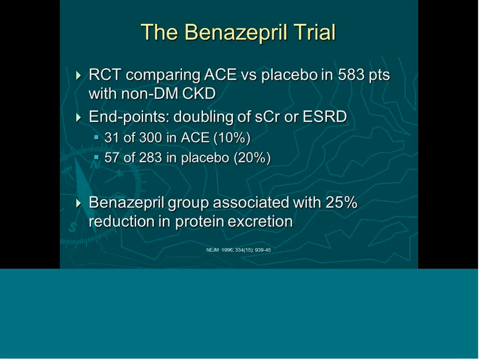The endpoint was doubling of serum creatinine. 31 patients in the benazepril group versus 57 of the 283 patients in the placebo group reached doubling, so there was a significantly higher rate of doubling of serum creatinine in the non-ACE group. Also, the benazepril group was associated with a 25% reduction in protein excretion.